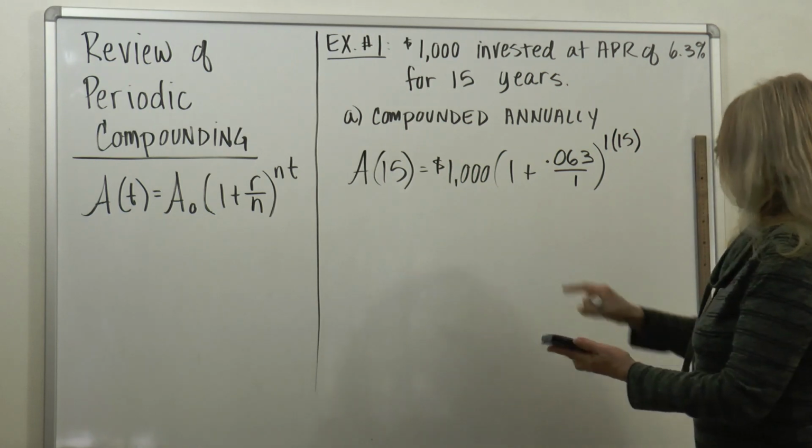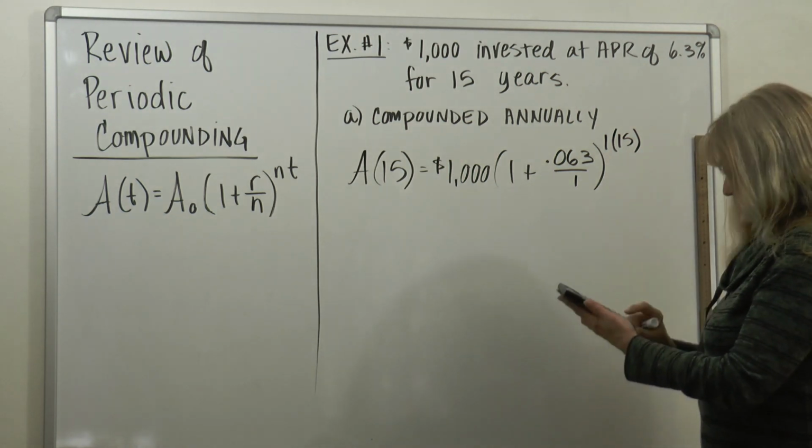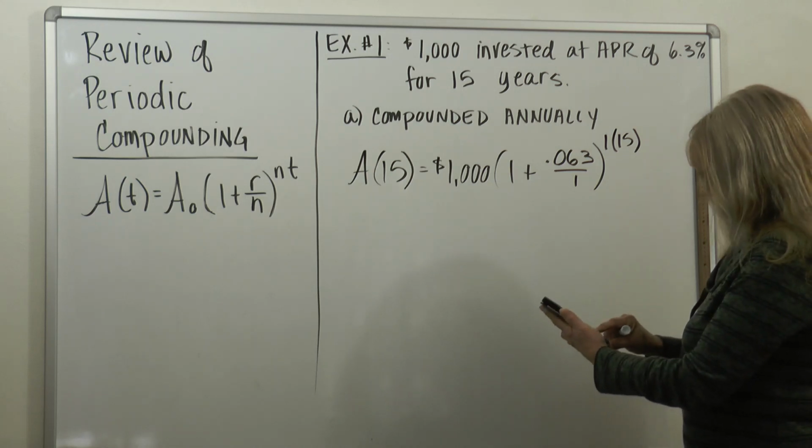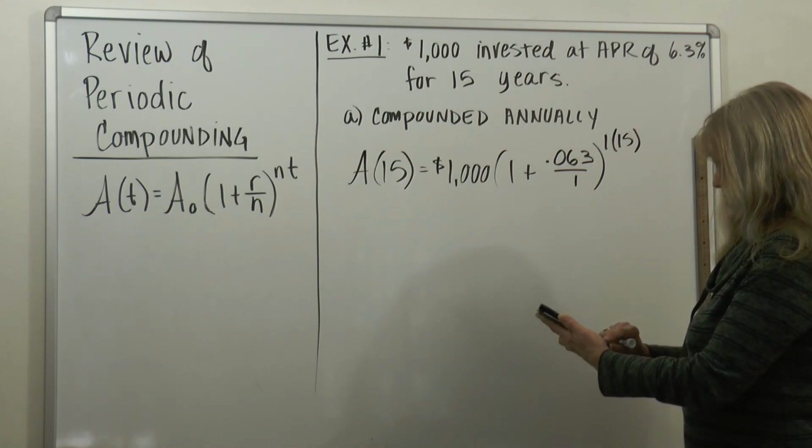Here I have 1.063 to the 15th power times $1,000.